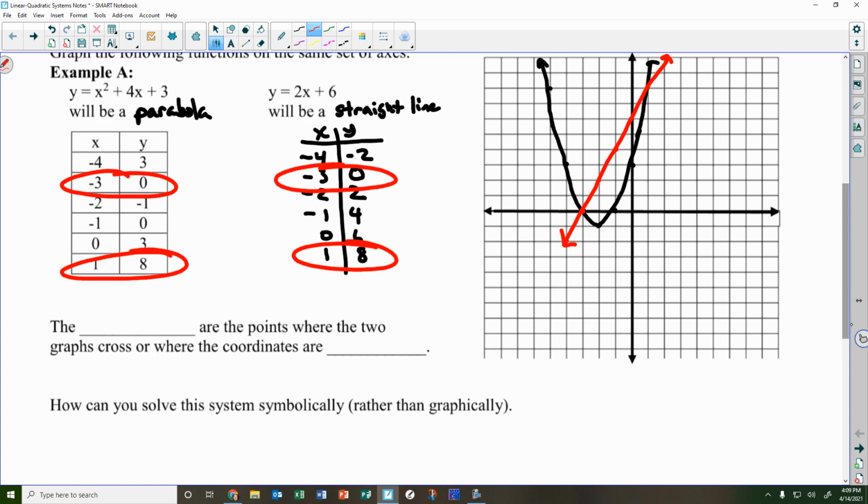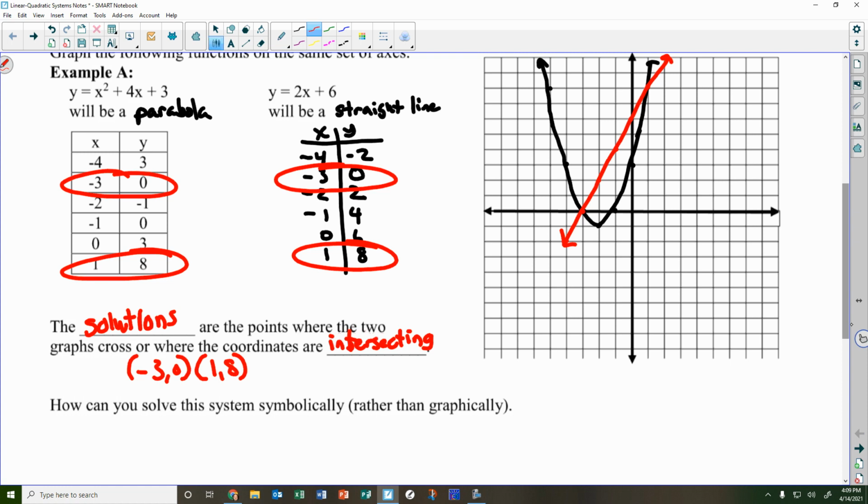So it says the solutions are the points where the graph crosses, or where the coordinates are intersecting. And those coordinates are at -3, 0 and 1, 8. Or you look in the table, they share those points.